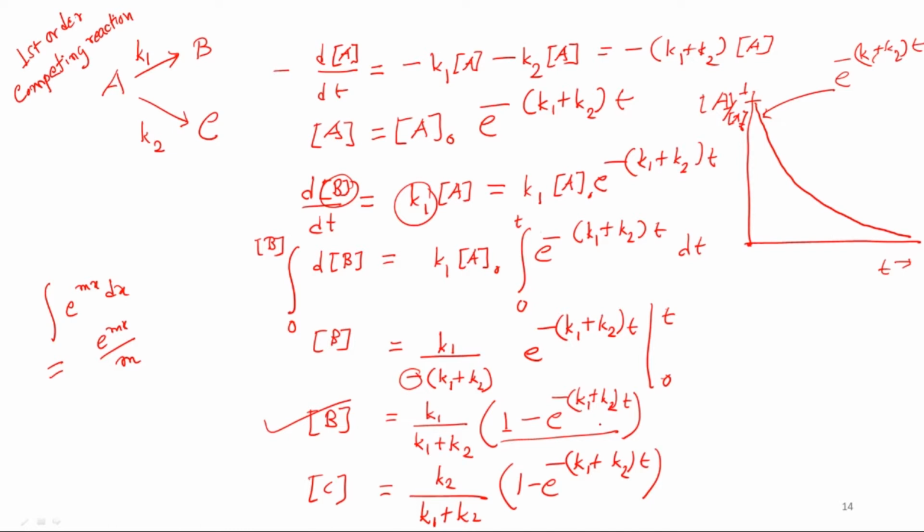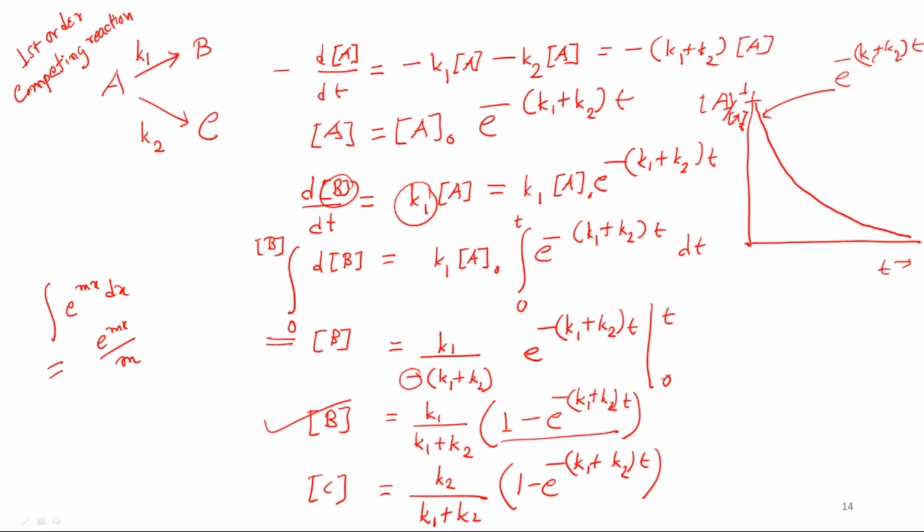In the very short limit, when t is equal to 0, you will have basically 1 minus 1, which is 0. So for C also it is 0. The initial concentration we took to be 0, because we suppose that initially there is only A0. The initial concentration of B was 0, and a similar argument applies to the initial concentration of C, which means they will both start from here.